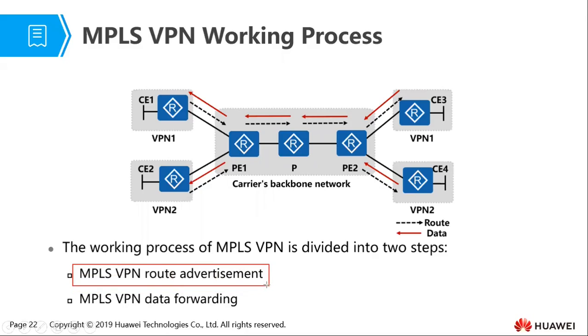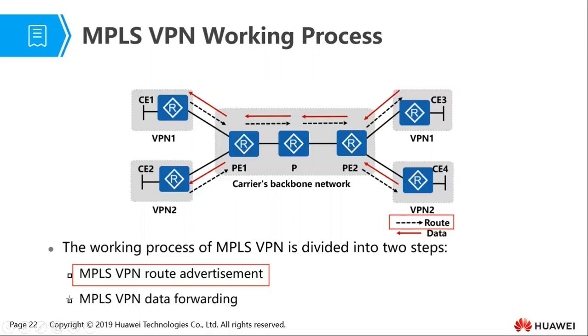After advertising the routes, you can see here with these dotted arrows, we are simply advertising the routes. So CE will advertise to PE, then PE will advertise to P, P to PE like that, and then PE to CE again. So that's how routes are advertised.